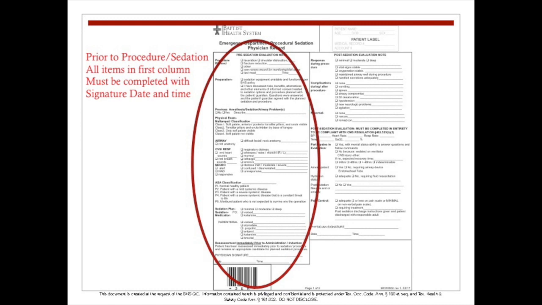Everything that's on the left side of this column has to be completed before the sedation and procedure take place, including last meal, preparation, Mallampati score, airway, a physical exam, ASA classification, previous difficulties with anesthesia, and we have to sign, date, and time this prior to the procedure.